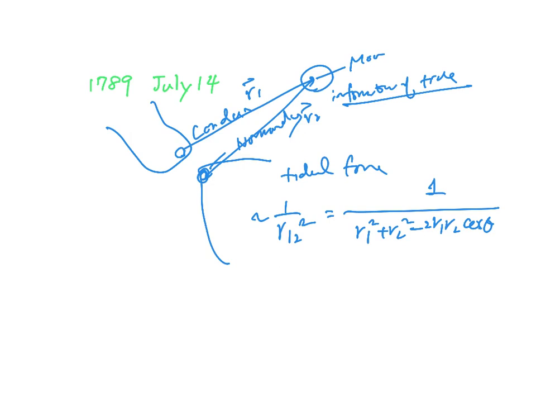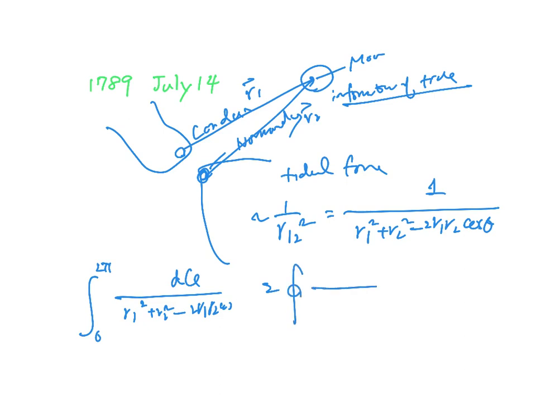And you need to have an average of this because the moon is circling around the Earth. So you want to minimize the tide by integrating this. Something like this, right?